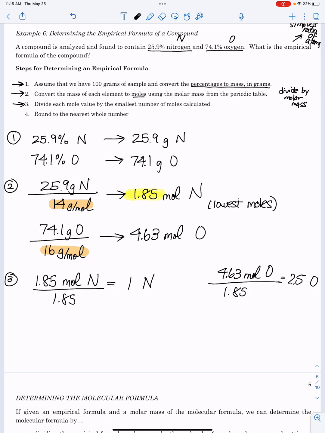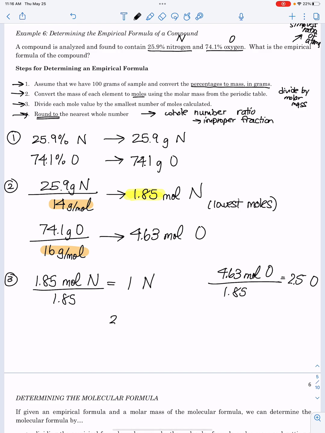And so in the end here now, I have to try and either round to the nearest whole number or find a whole number ratio, maybe as an improper fraction. And we've done this before.